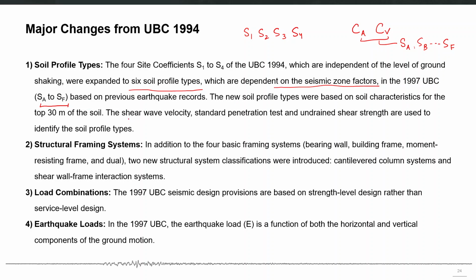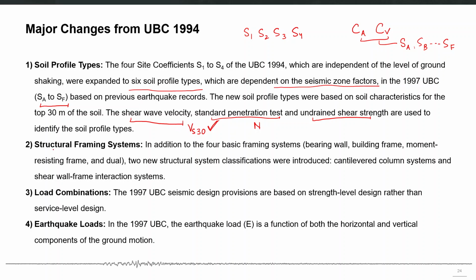There are 3 characteristics which you can use to classify whether your soil is SA type or SB or SC. Those 3 properties are the standard penetration test result, the SPT N value, or the undrained shear strength, and the most important one is the shear wave velocity in the top 30 meters of the soil, denoted as VS30. That is the most important parameter which can be used to classify the soils.